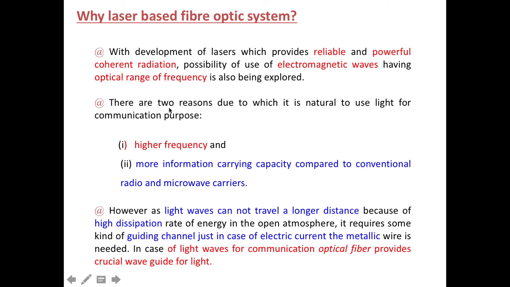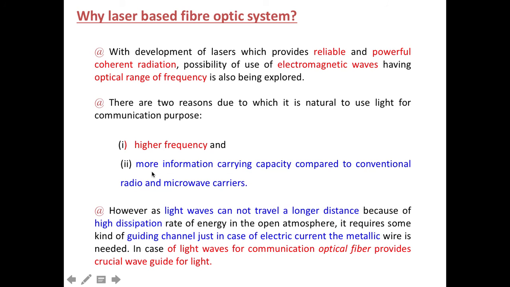There are mainly two reasons why it is natural to use light for communication purposes. First is higher frequency, and second is more information carrying capacity compared to conventional radio or microwave carriers.